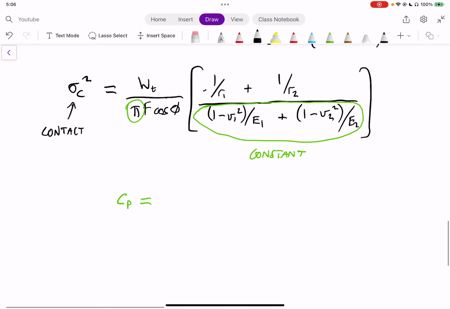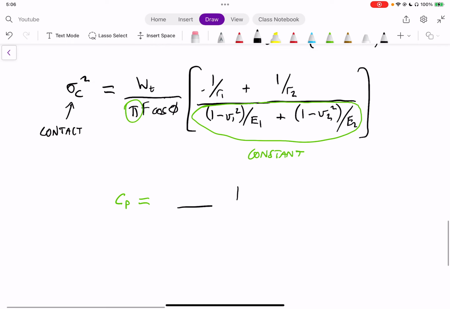Going back to our information, we can now say that CP is going to be equal to all of this term, with pi included within the term, and we put all of this to the power of 1/2. We call that CP, and CP can be found for every material because it's a constant.